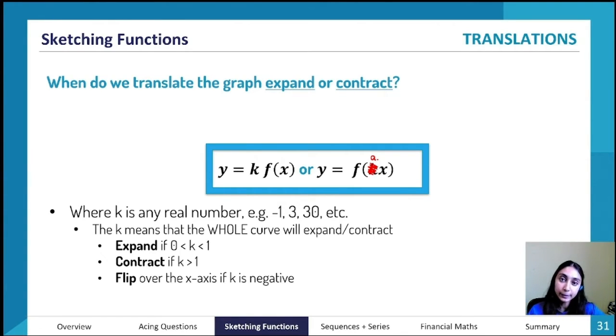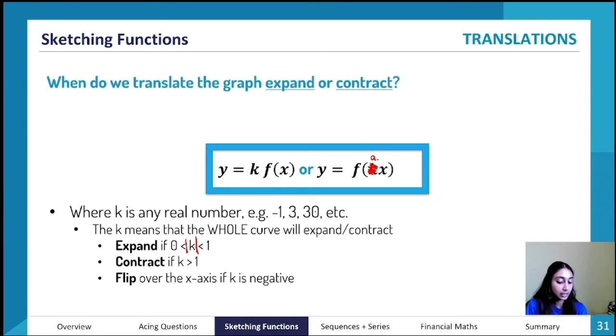k can be any real number, just like c and b, between negative infinity to infinity. k means that the whole curve will be expanding or contracting. It'll expand if the absolute value of k is greater than 1.